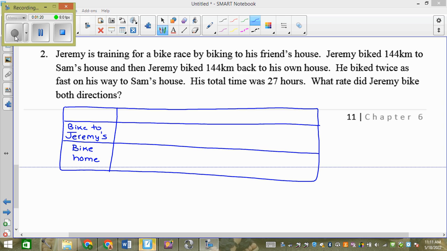And then we have distance. Speed, or in this case, we could call it a rate. It's the same thing, different name. And then time.